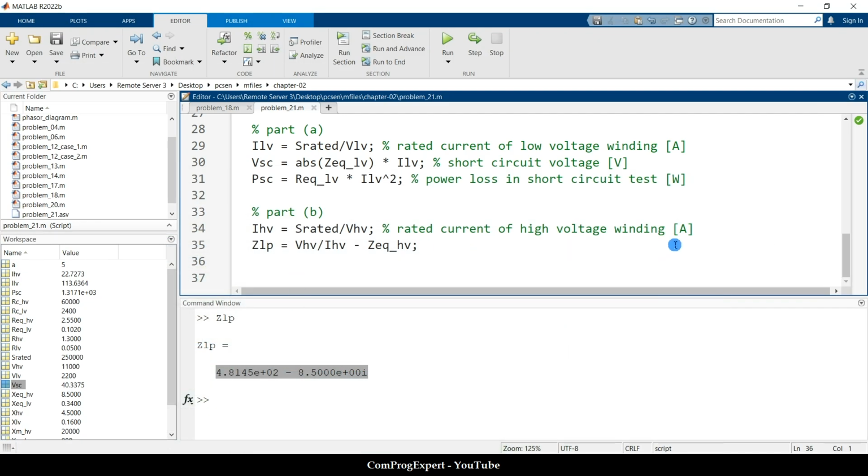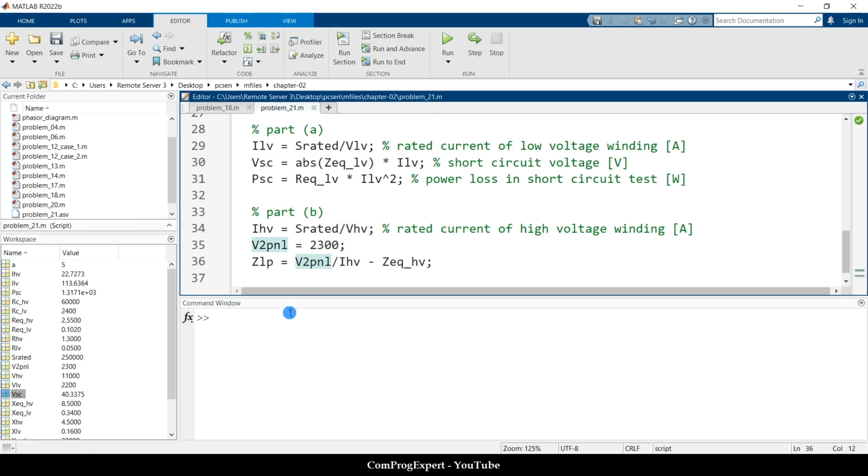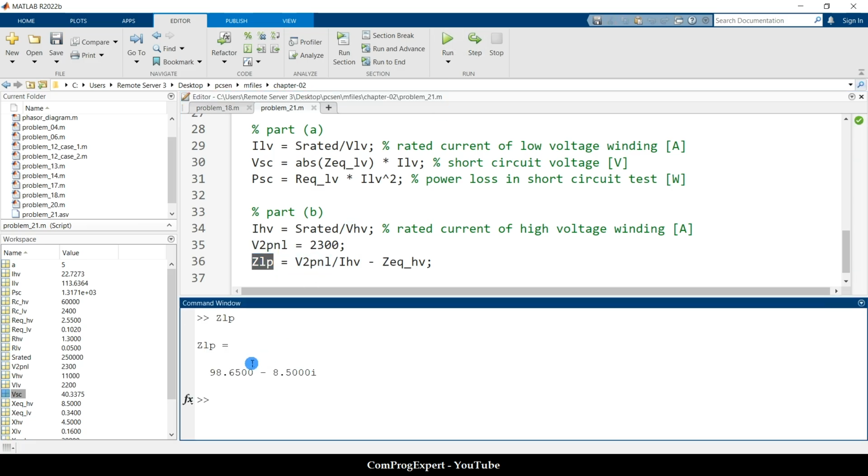So here, this is the V2 prime for the no load, this number, and this is the value of the ZL prime. Now let's check. Here is the case.